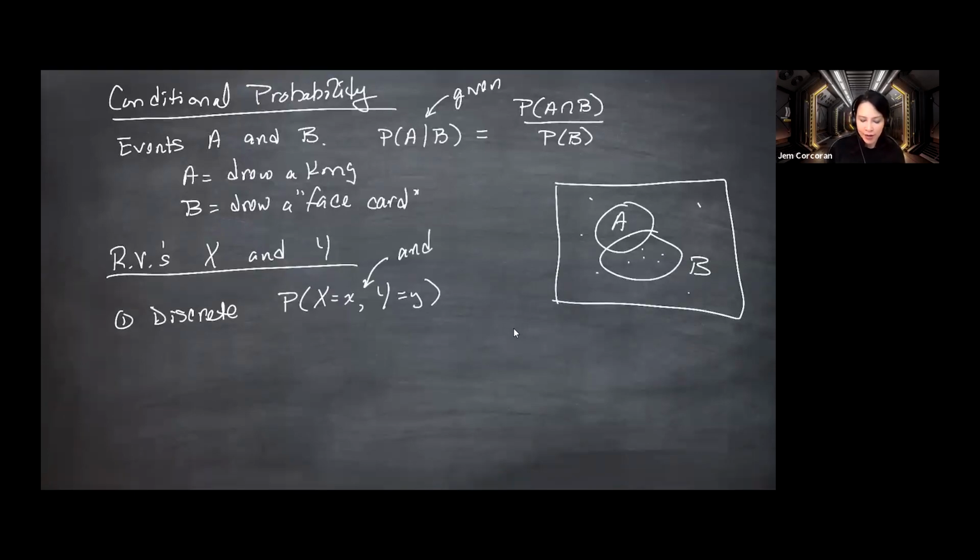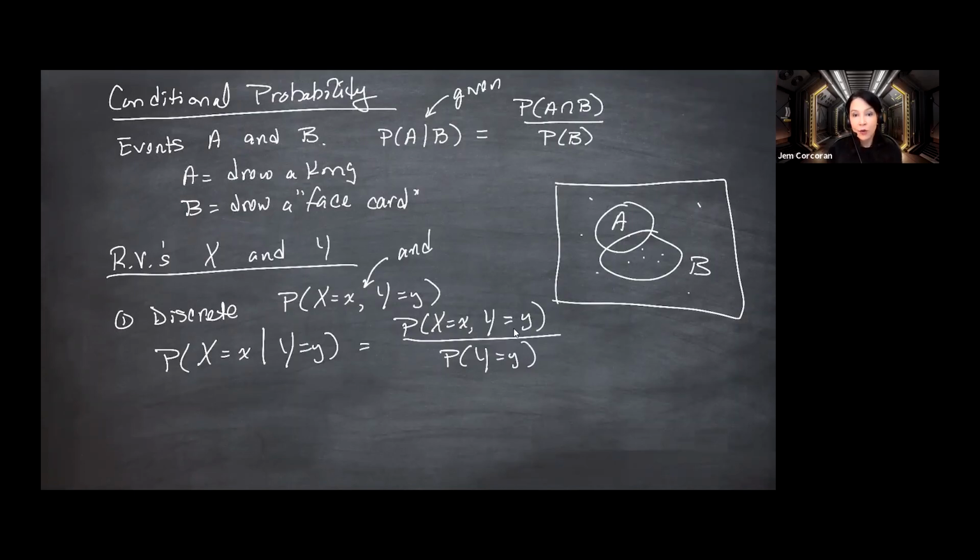And we can talk about the conditional probability that X equals x given Y equals y. So we would write it as the probability X equals little x given, that's that horizontal line, Y equals y. And it would be defined totally analogously to this up here. It's going to be the joint probability that X equals x and Y equals y divided by the marginal probability that Y equals y.